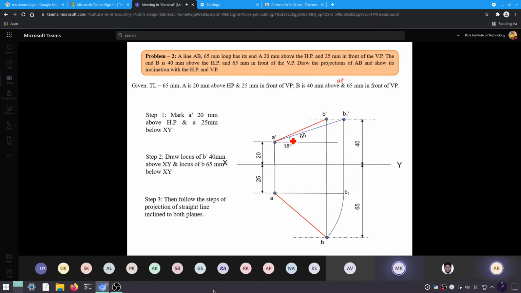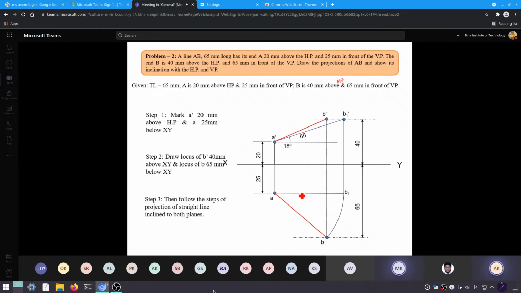Phi you can get after getting the true length projection in the top view. Till now we have not got the true length projection in the top view. Till now we are only able to calculate alpha. Alpha you can measure with the help of a protractor.